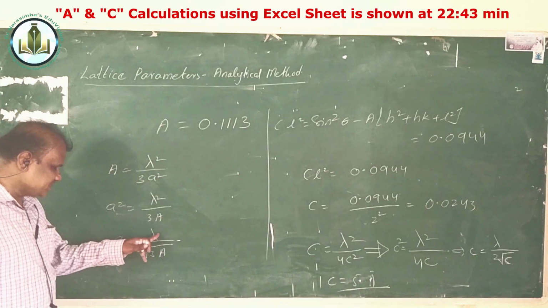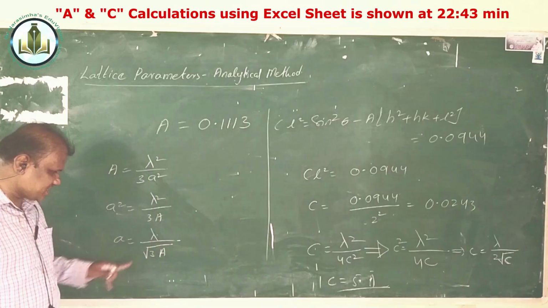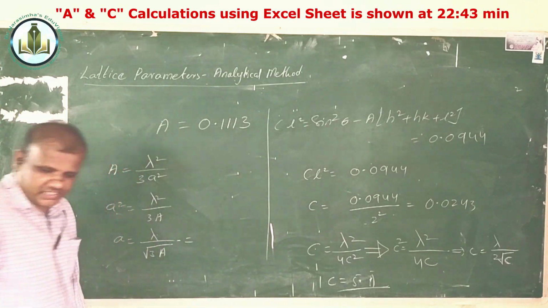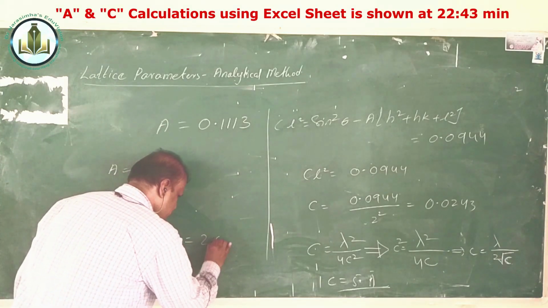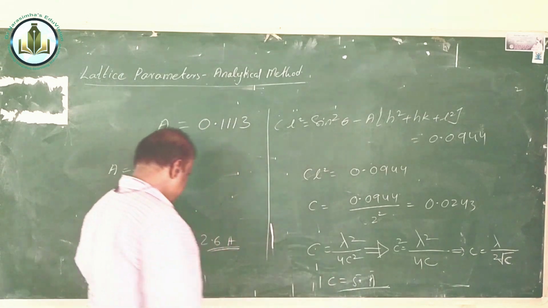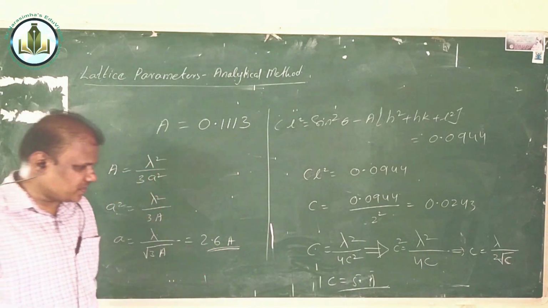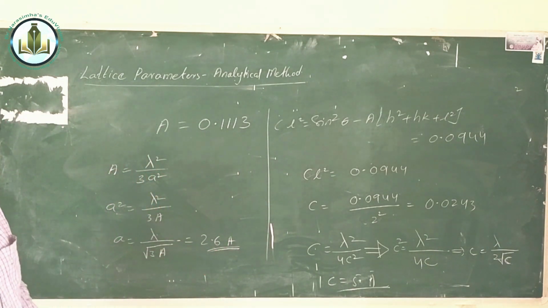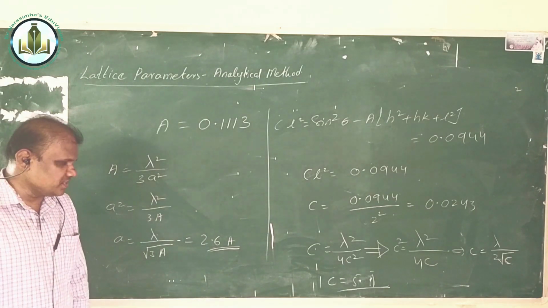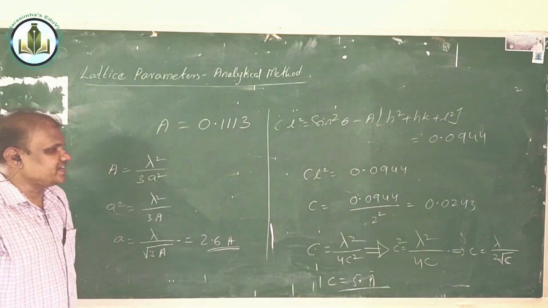Substitute the values: lambda 1.54056 angstrom, root 3 value, and capital A value. Then you are going to get nearly 2.6 angstrom. You can cross verify these values of lattice parameter a and lattice parameter c from the given book. I have taken this problem from the book I have shown you. This is the procedure to evaluate the lattice parameters.